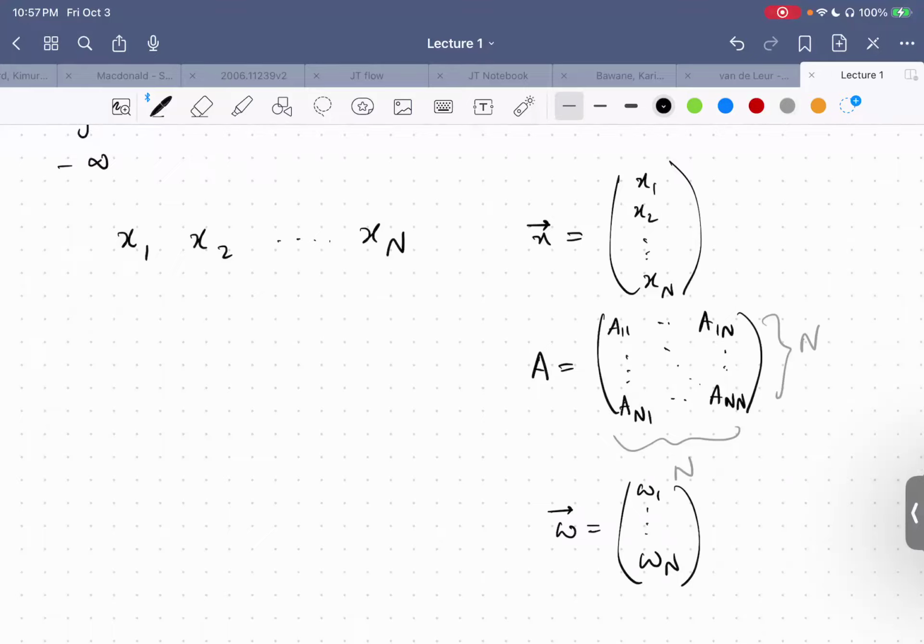Now, suppose the integration that I want to do is that product over n variables. This means transpose.